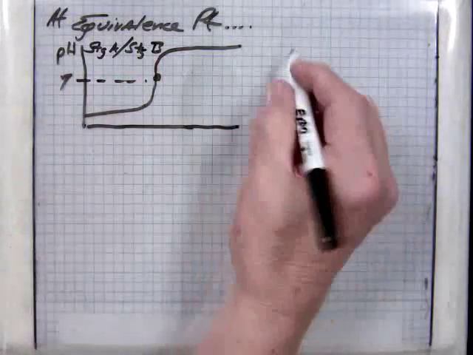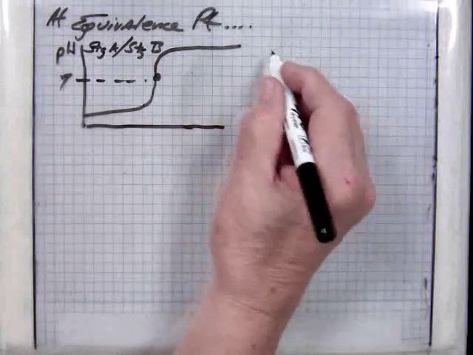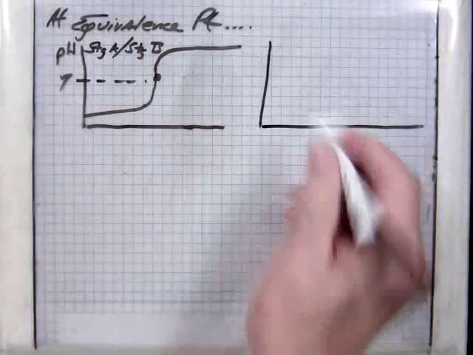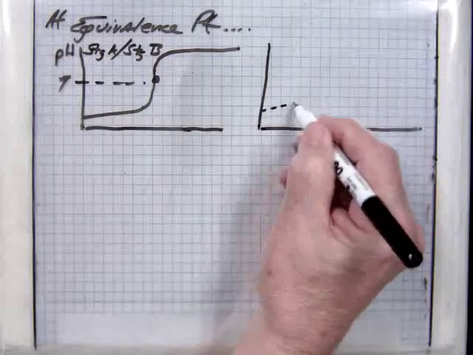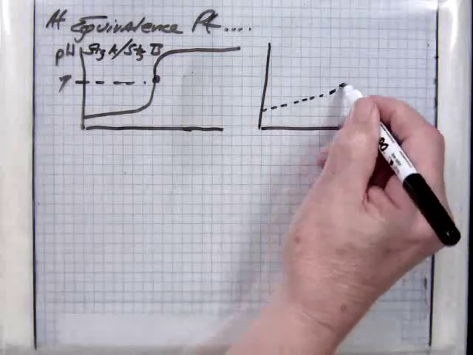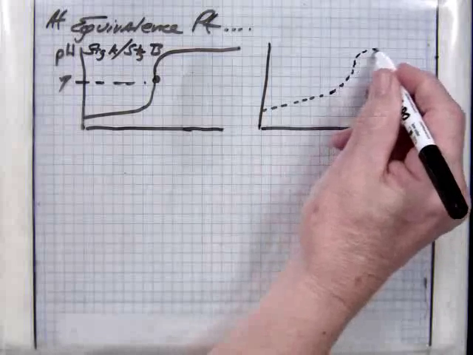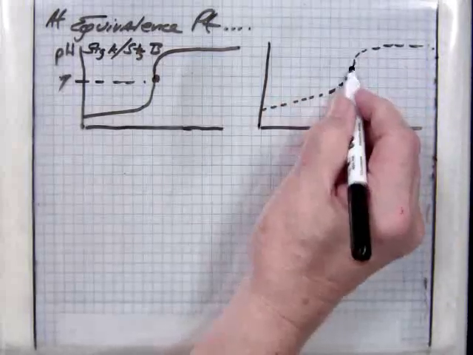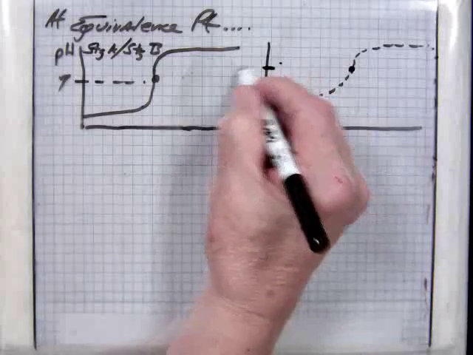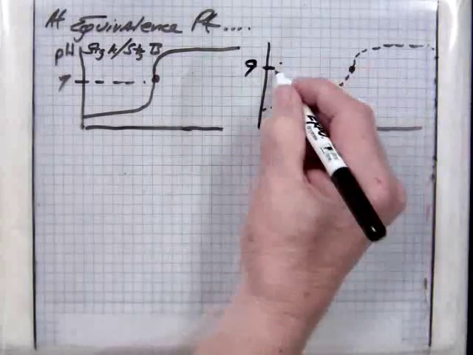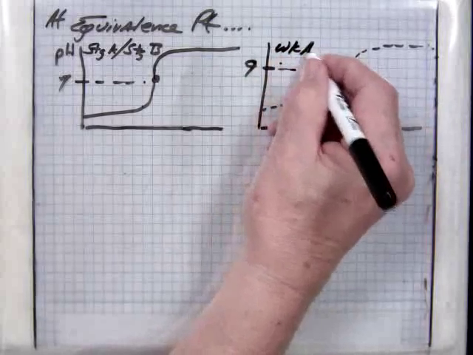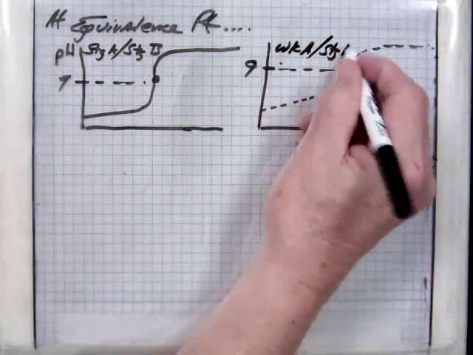And for a weak acid, strong base titration, it'll start a little higher, and the slope will go up like this and finish that way. But the equivalence point will be approximately at 9. This is a weak acid, strong base titration.